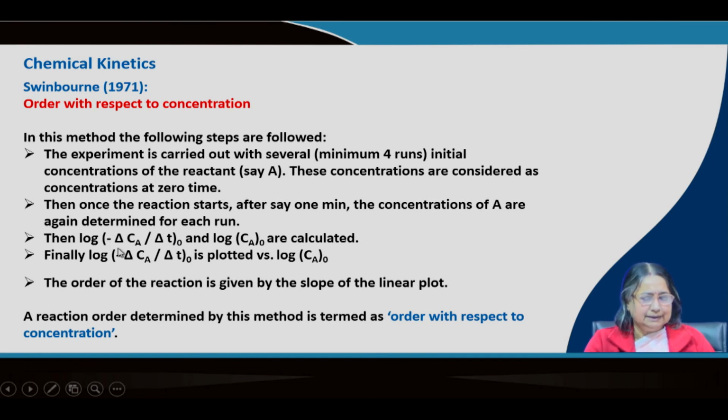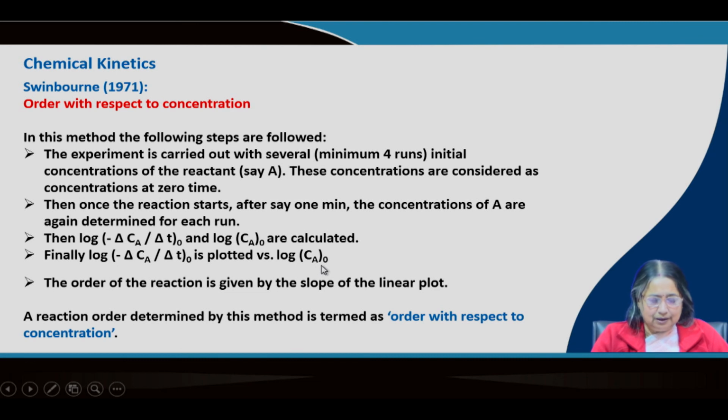So, we can get this value, and we can also get its log. Ca0 is nothing but the initial concentration, that is why the 0 term is coming. So, log Ca0 we can easily calculate, and then we have to plot log of minus delta Ca by delta T versus log Ca0.